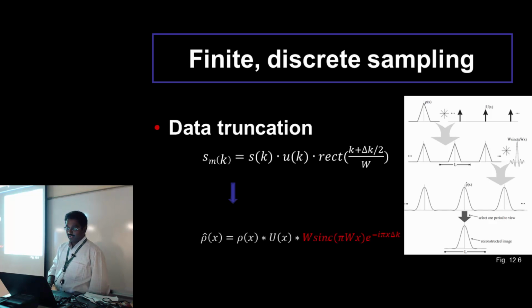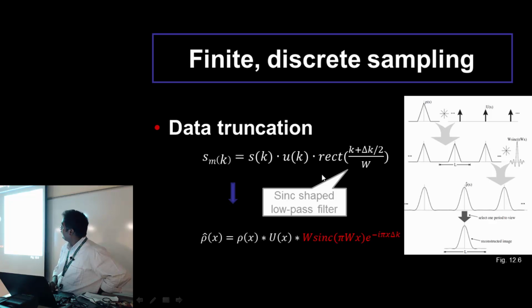Okay, so essentially this. Now there is a finer detail here that you need to realize. I have used a rectangular function which is shifted by delta k by 2. Now why is that? You will see in the next slide. But basically u(k) is your sampling function. So this is your analog function which is continuous. You're sampling that and you're windowing that. This is all in k space. Is that clear to everybody?